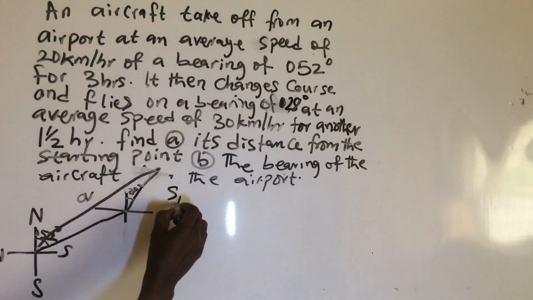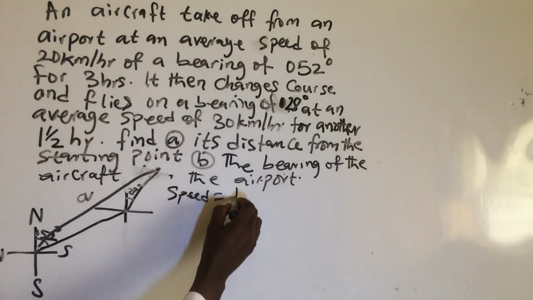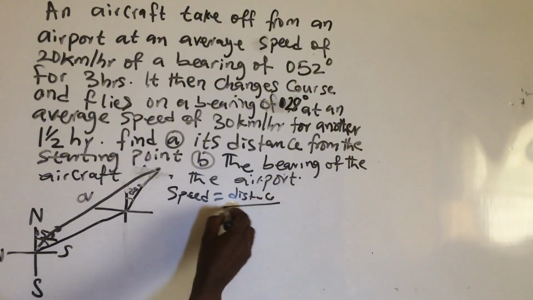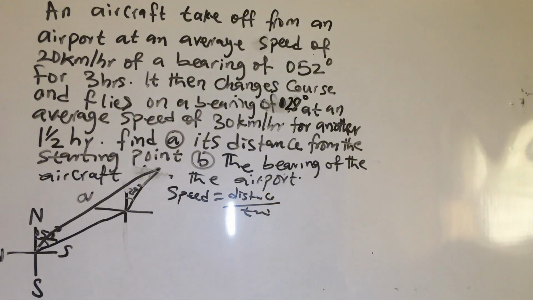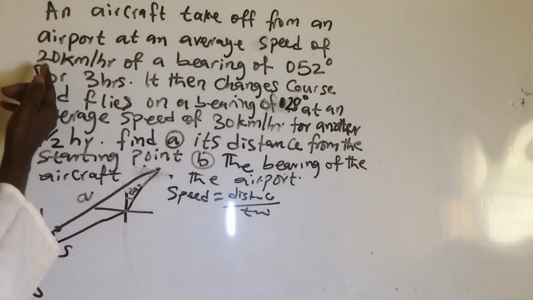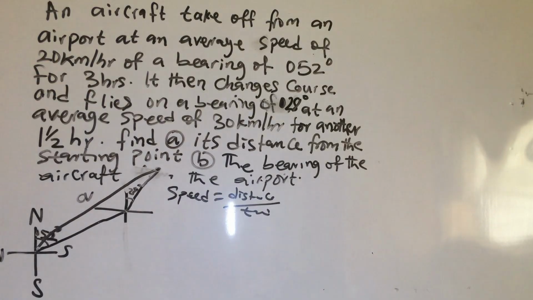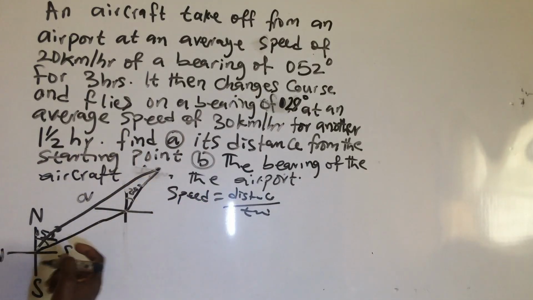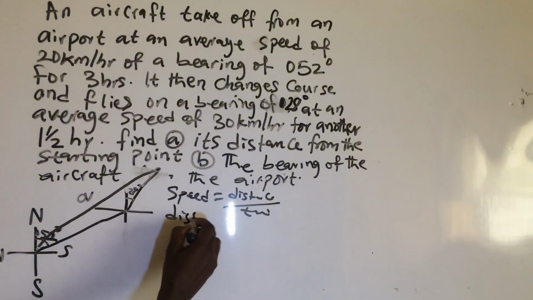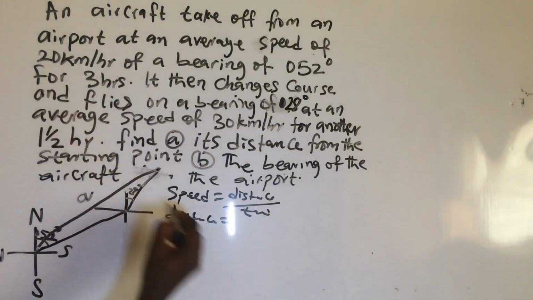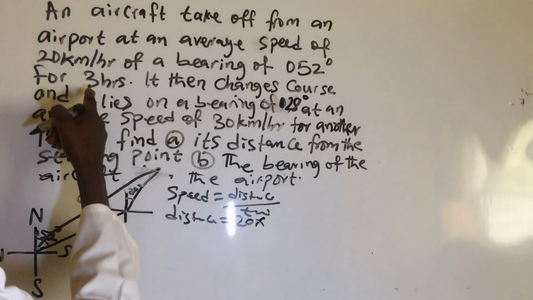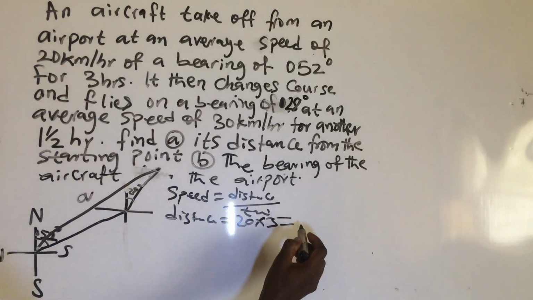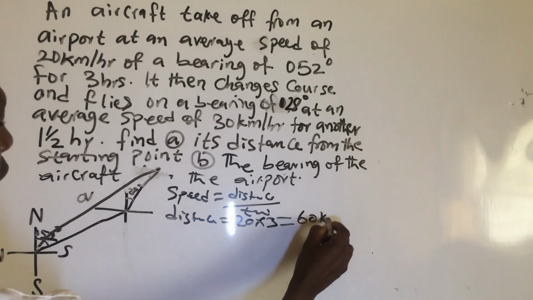Let us find the distance of this one. Remember that speed is equal to distance over time. For the first course which this plane has traveled, they gave us the speed and the time, so the information will enable us to find the distance here. The distance will be the speed, which is 20, times the time, which is 3 hours, and it will be 60 kilometers.